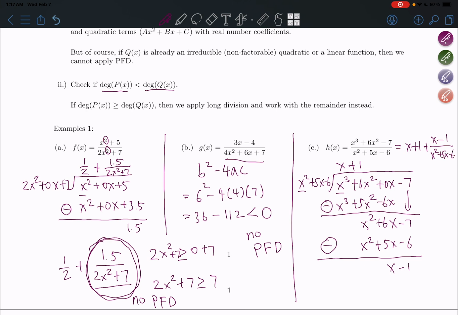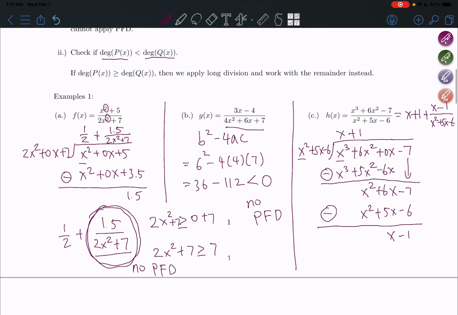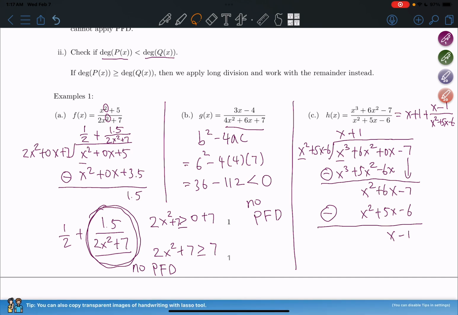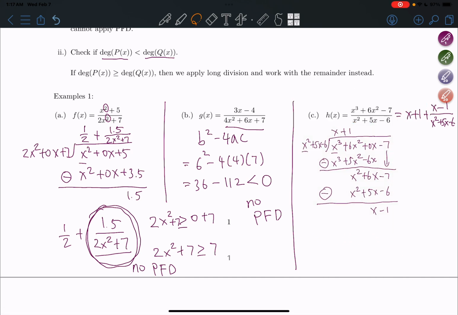Okay, so that's the remainder here. And now if I was to do partial fraction decomposition, I will be using that remainder. So let's write this on the side here, working with x minus 1 over x squared plus 5x minus 6.